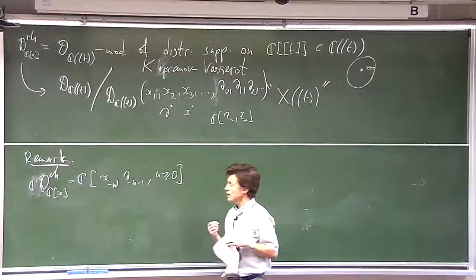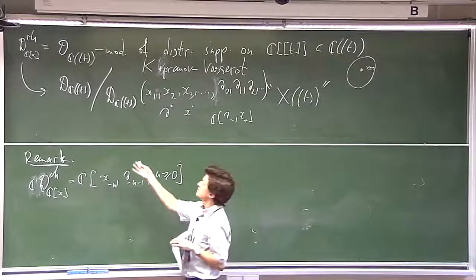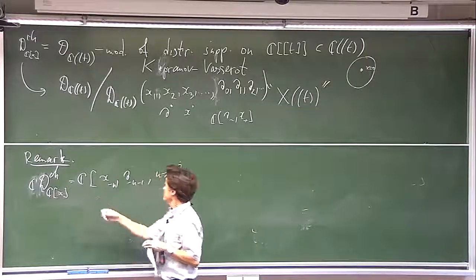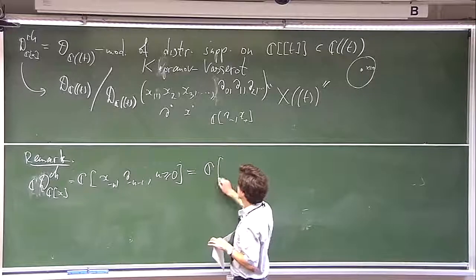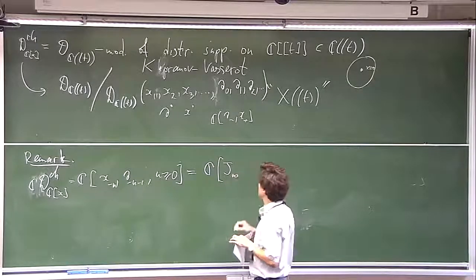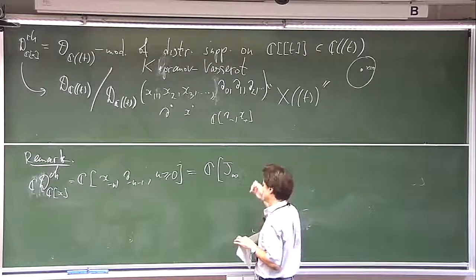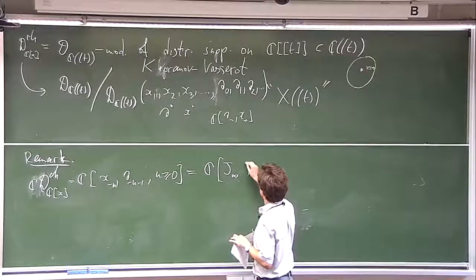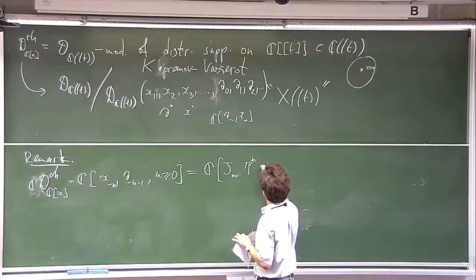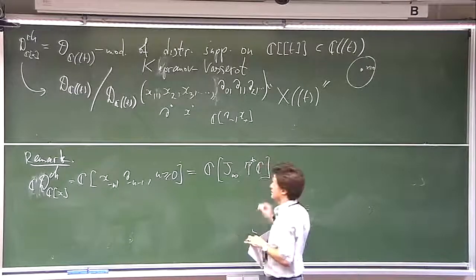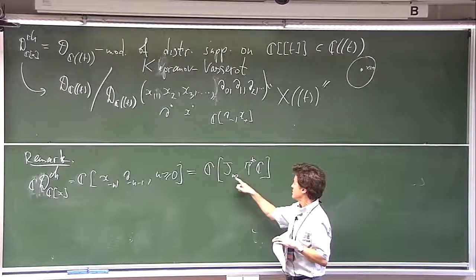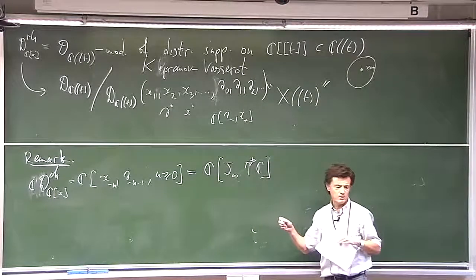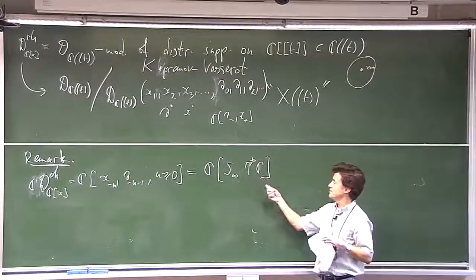What I wanted to say now is that, at least in this explicit case, this is nothing but the space of functions on jets in the cotangent bundle to C. I don't want to talk about the definition of a jet scheme, but in this particular case it's especially easy.